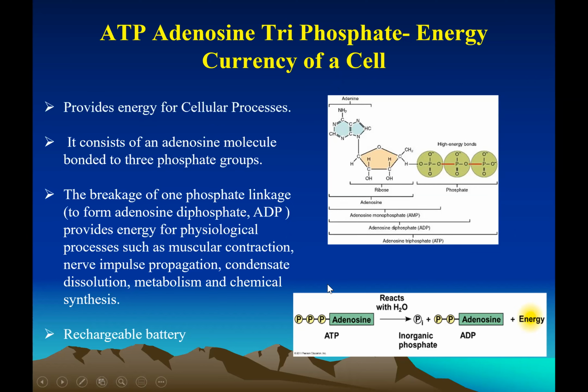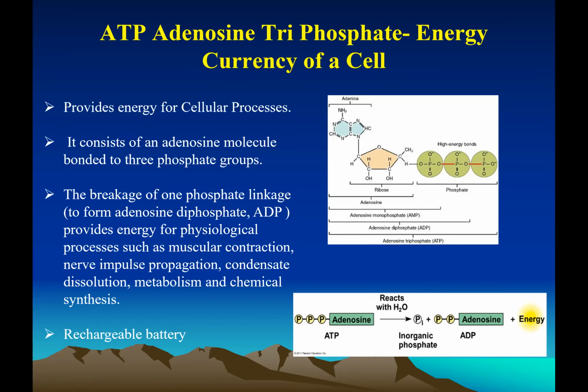Adenosine triphosphate, in the presence of water, will lose a phosphate group, forming ADP and energy. The breakage of one phosphate group provides energy for the physiological processes that happen in our body.